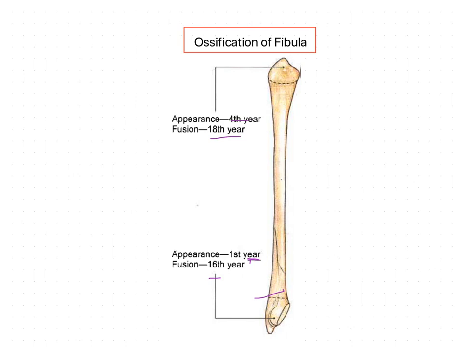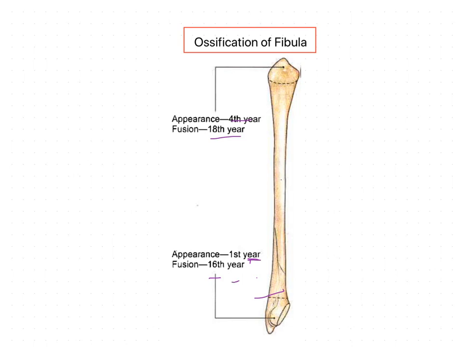So this is the ossification of the fibula, and the interesting feature is that it violates the law of ossification, because the secondary center which appears first in the lower end does not fuse last. The one which appears first fuses first itself.